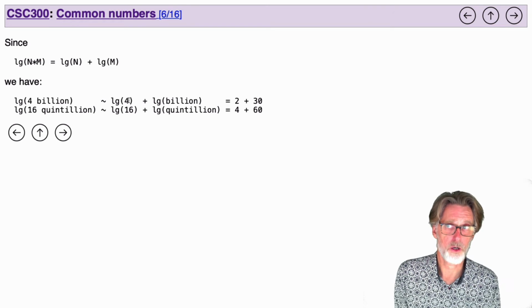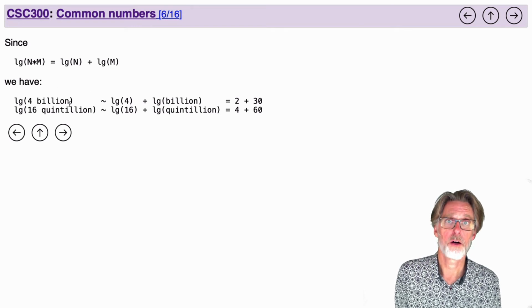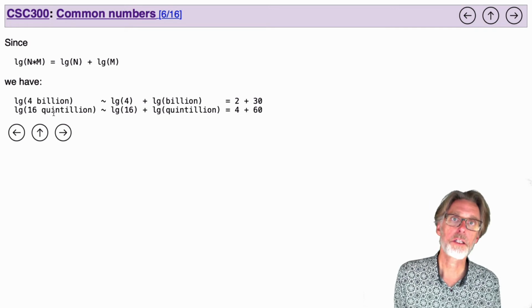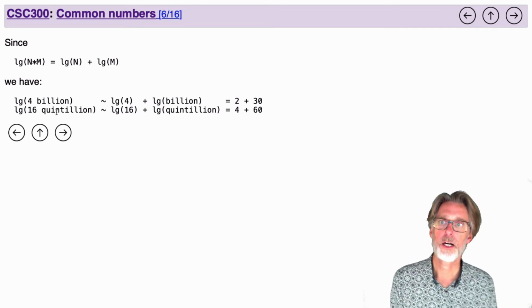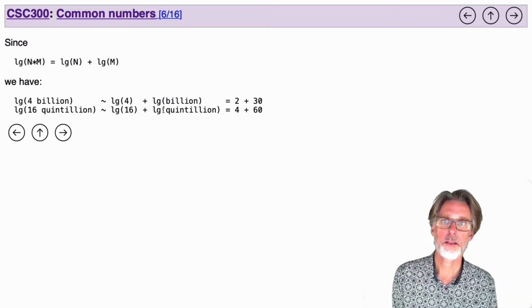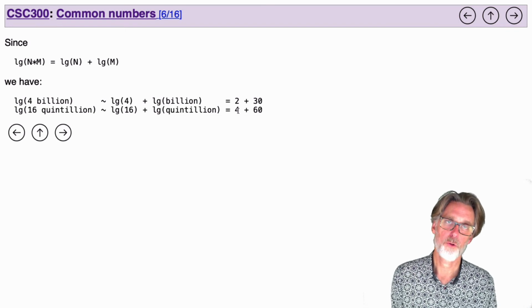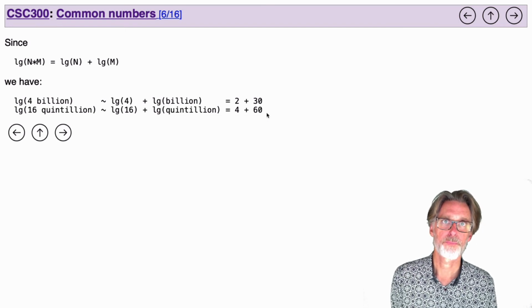So log of 4 is just 2, log of 1 billion, 30, and therefore the log of 4 billion is 32. What about the log of 16 quintillion? Same thing applies. We take the log of 16 plus the log of quintillion, and that's 4 plus 60, or 64.